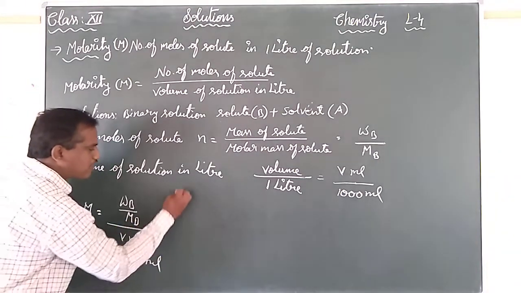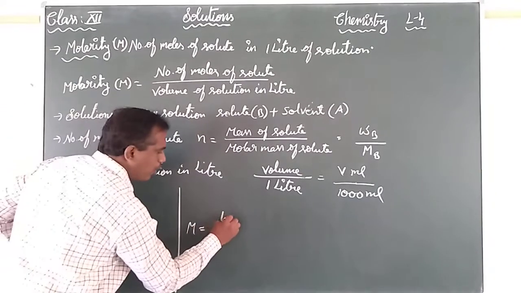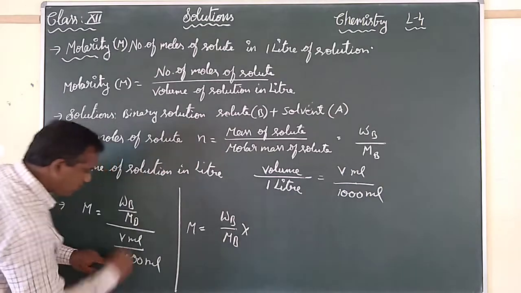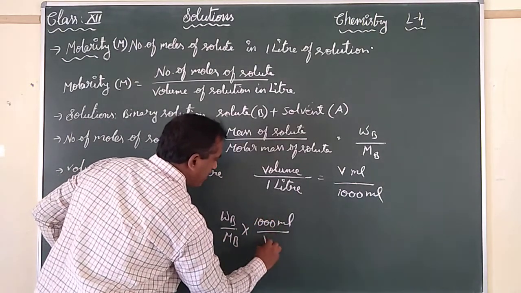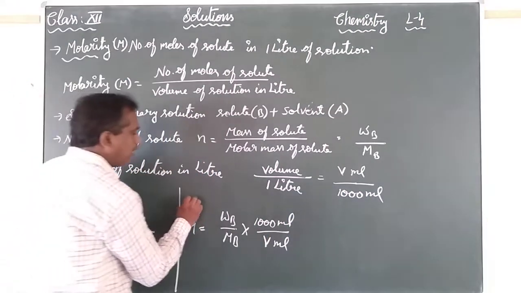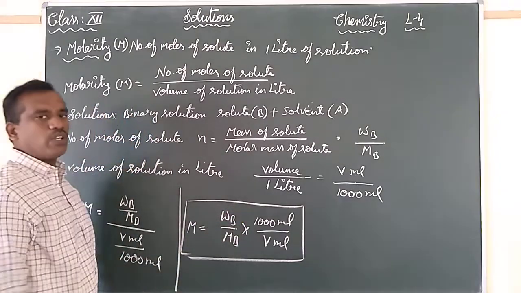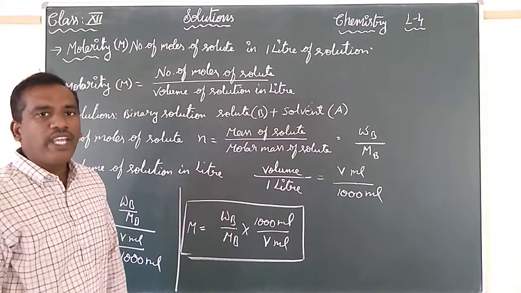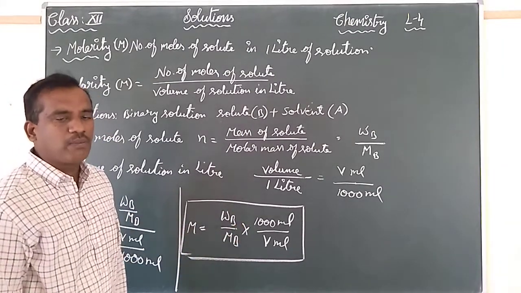Now shall we make this further simple? Molarity M is equal to WB by MB into 1000 ml by V mL. So this is our formula. Now we can apply this formula for various problems.